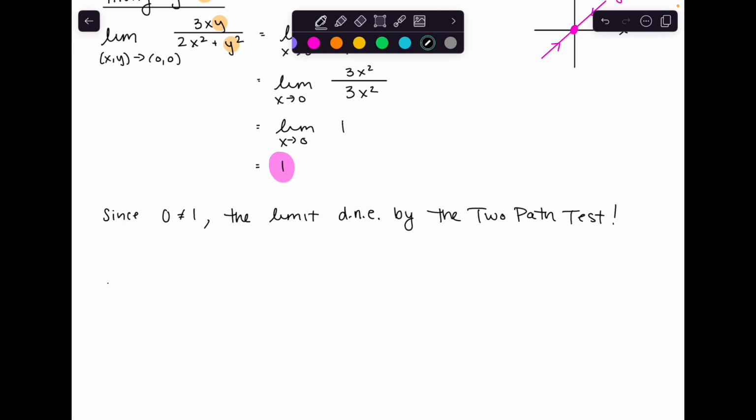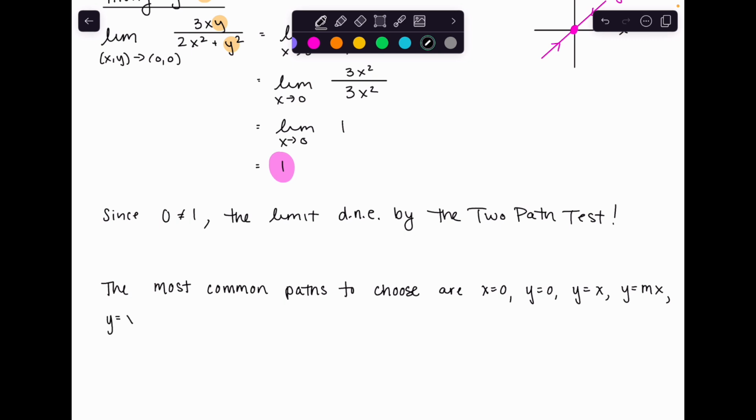So the most common paths to choose are x equaling 0, y equaling 0, y equals x. You can pick a different slope, whatever you want.